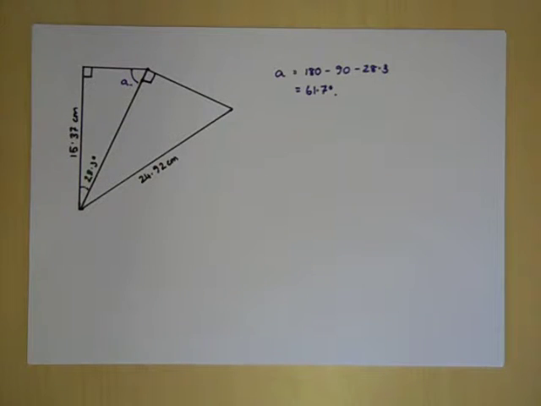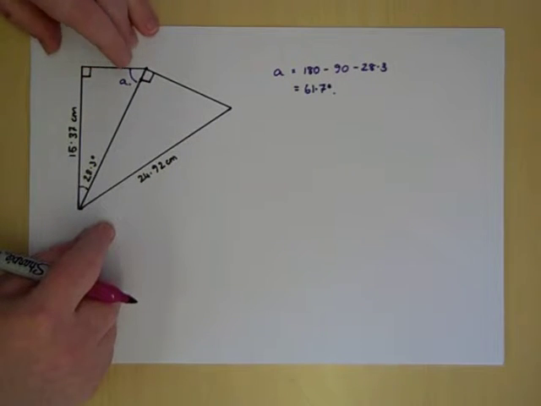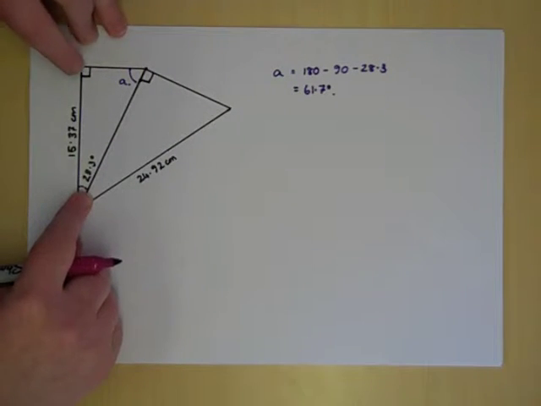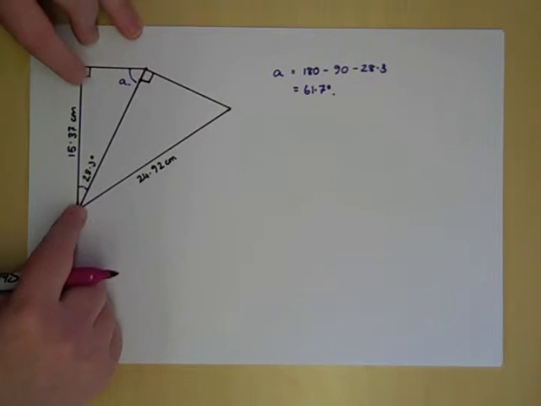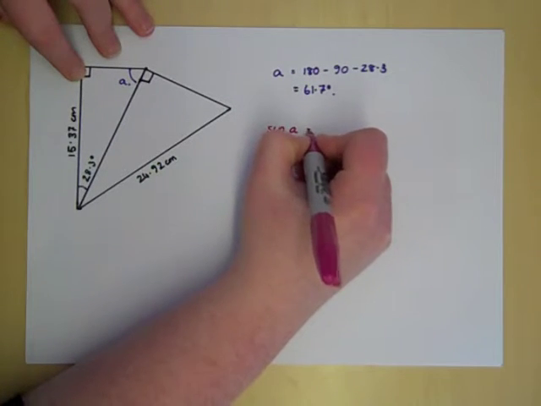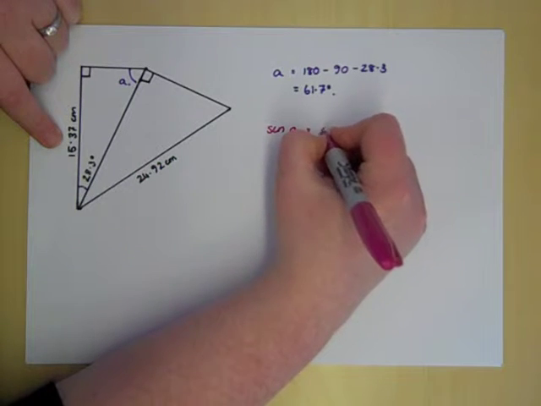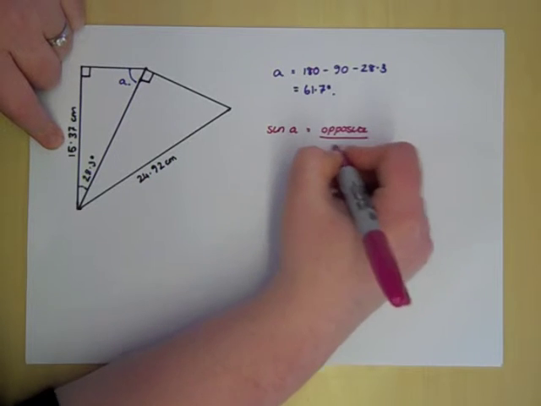Now if I carry on with this first triangle here, I know that the longest one, the thing opposite the right angle, is called the hypotenuse. If it's a right angle triangle, it's the one opposite. And so I know that the sine of A is equal to the opposite over the hypotenuse.